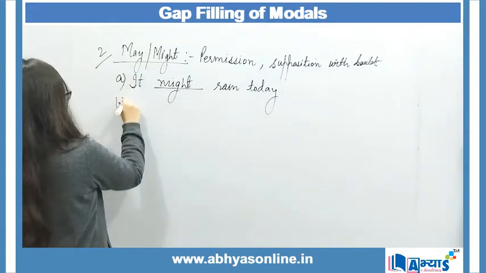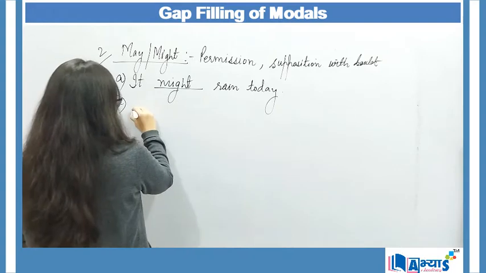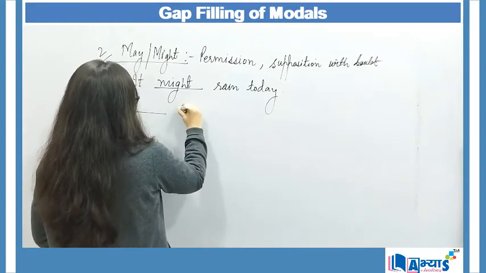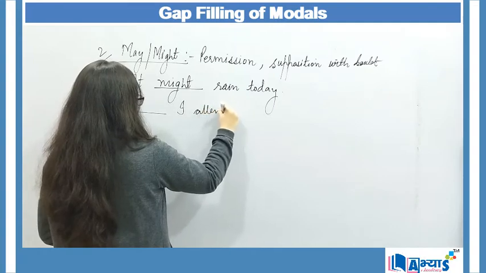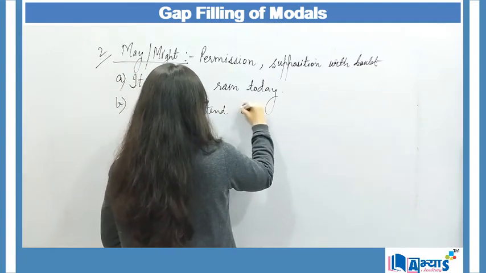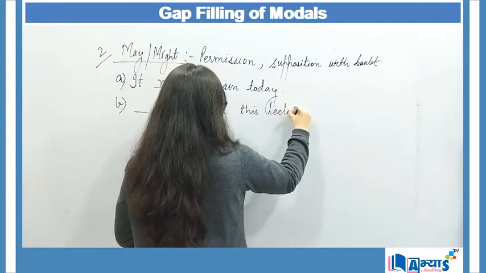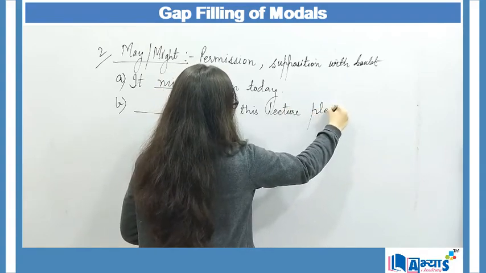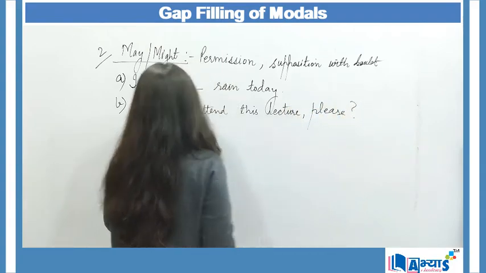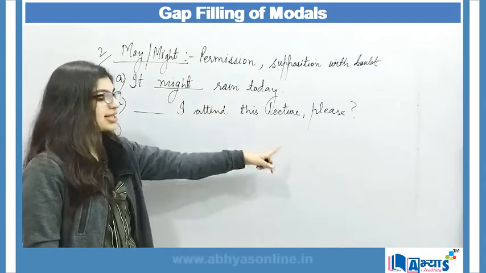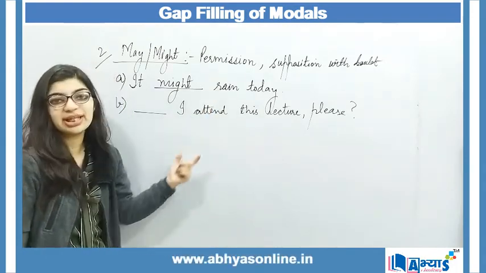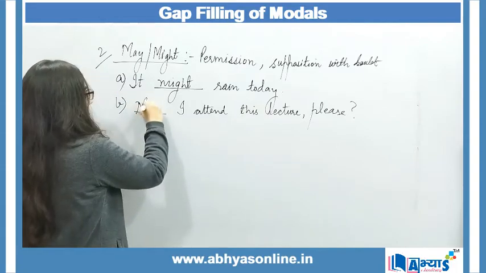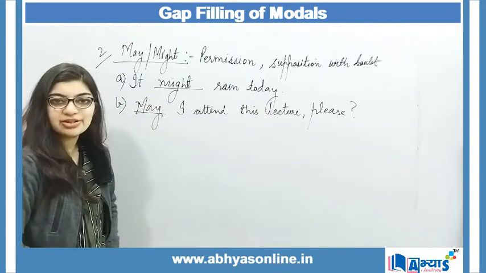Next example is, dash I attend this lecture, please. Dash I attend this lecture, please, again for making some kind of request or for seeking a permission, I will say may I attend this lecture, please.